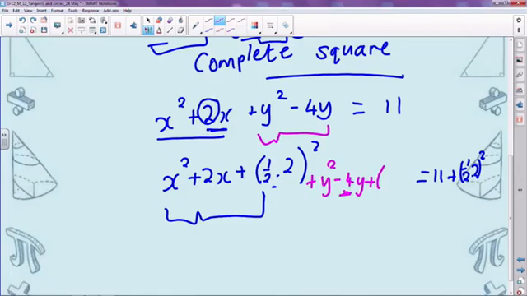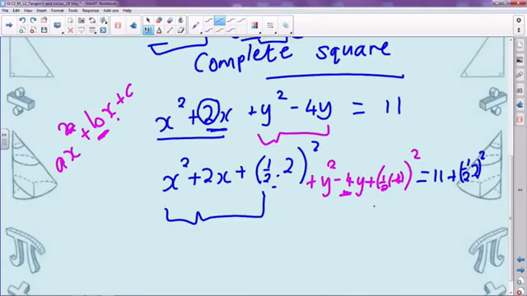When I'm saying b term, remember this is a quadratic expression. So we've got ax squared plus bx plus c. And the b term is the coefficient of the x. All right? So a half of minus 4, which we know is minus 2. But anyway, we'll put that down. So a half of minus 4 all squared.